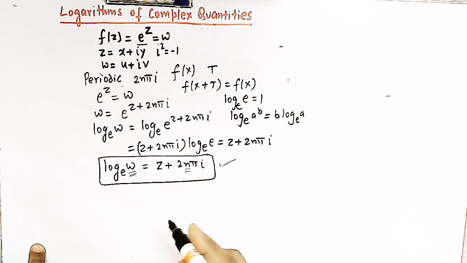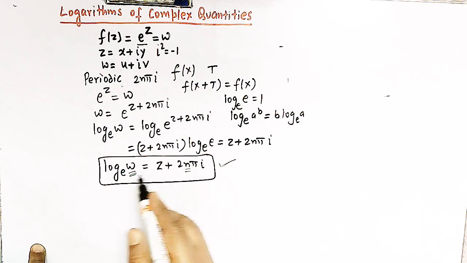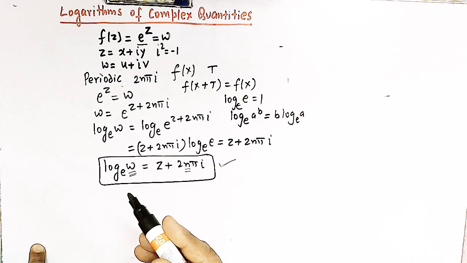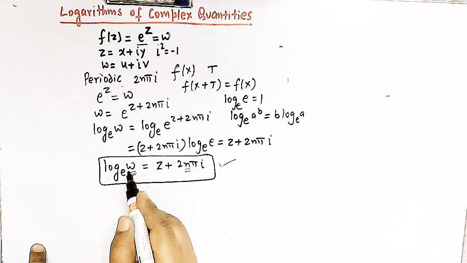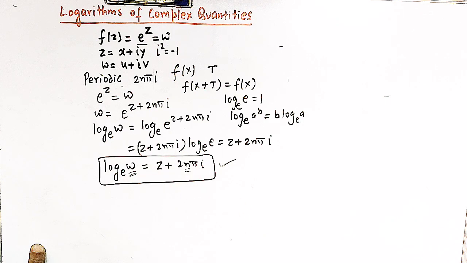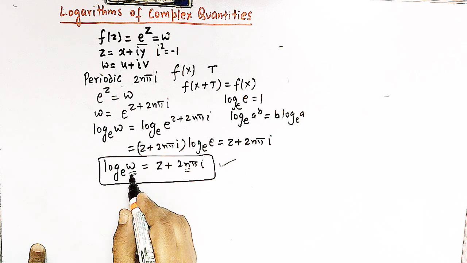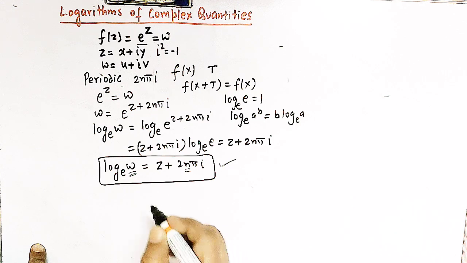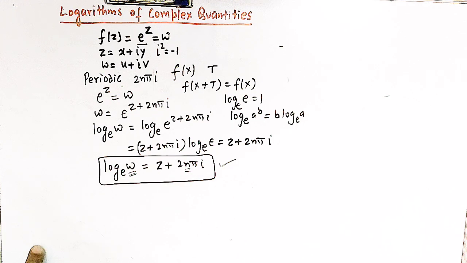As we vary the value of n, we get different values of the logarithm of the complex number w. So the logarithm of a complex quantity has an infinite number of values, and this function is a many valued function. The principal value of the logarithm of w can be obtained by taking n equal to 0.